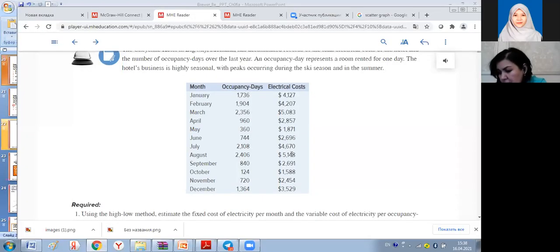Write down, please, 5,148 equals total fixed cost plus, what was the variable cost per unit? 1.56, plus open brackets, 1.56 multiplied by the highest activity level, 2,406.